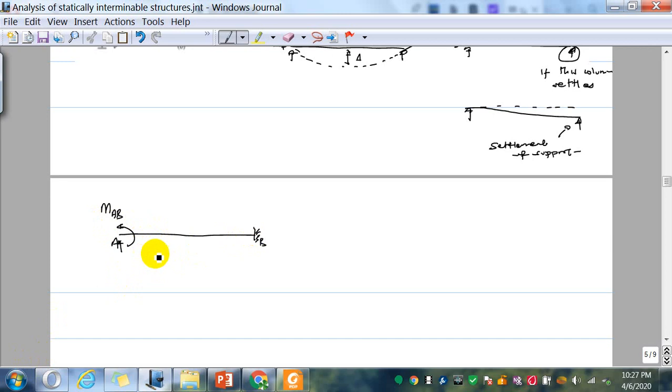Okay, so now I have to find the effect of this MAB at this point B. Okay, so that is what I need to do.